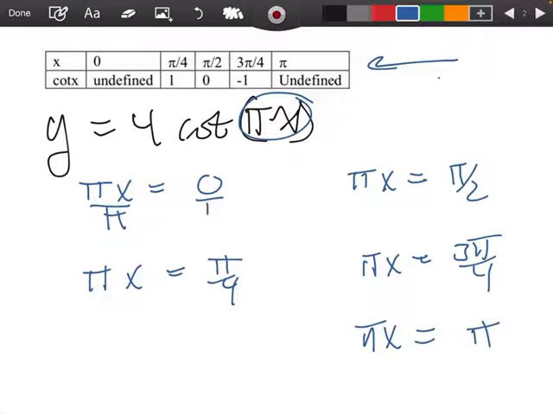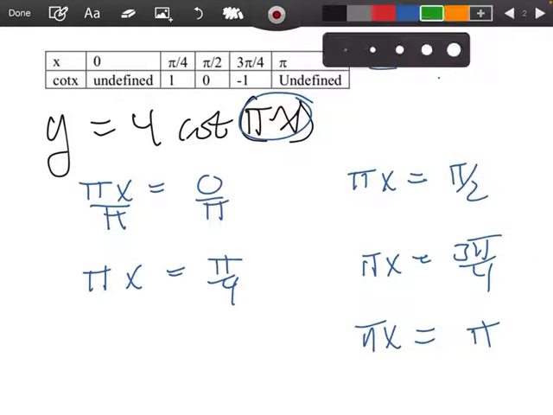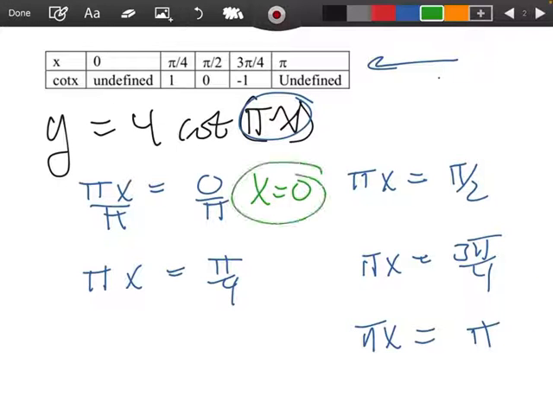So when I do this here, I'm just dividing by pi all the way across. So this is going to tell me x equals 0. We're going to multiply by 1 over pi, the reciprocal. So this pi and that pi will cancel, and we're going to end up with 1/4.